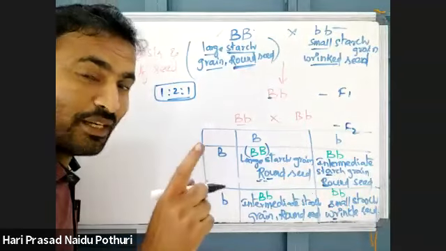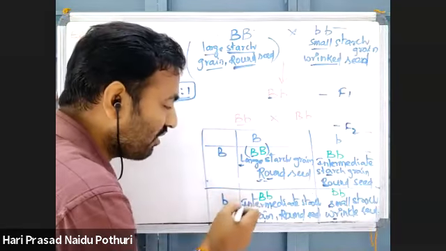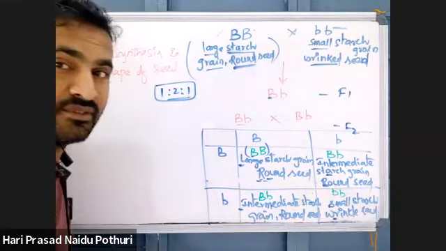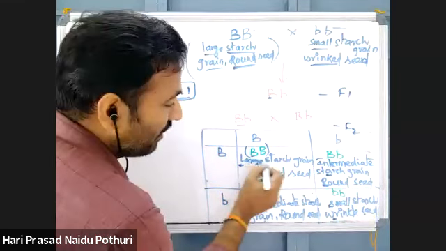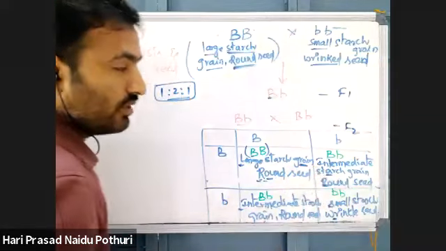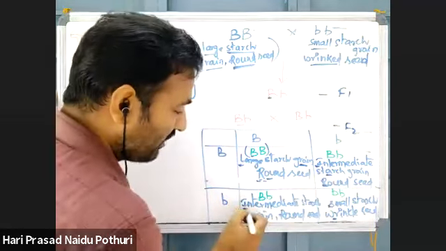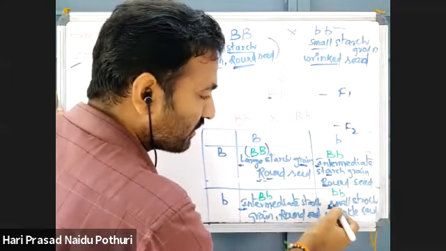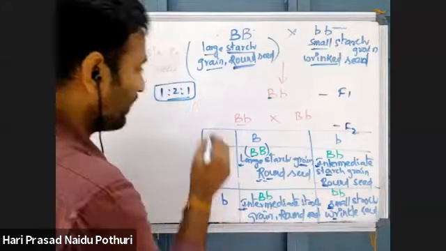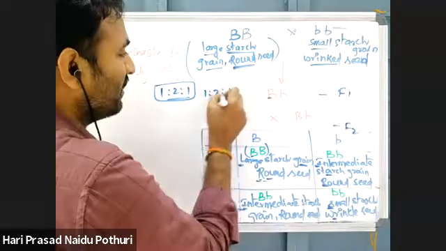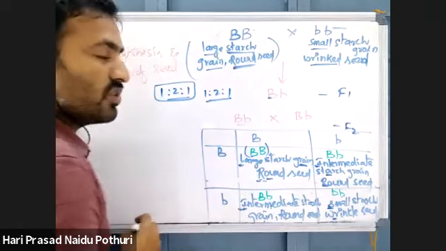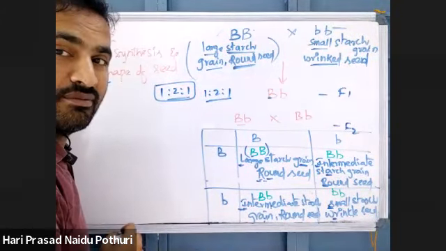What are the 2 characters? Large starch grain is produced. Here intermediate starch grain, small starch grain. So see, starch synthesis means 1:2:1 we can say.